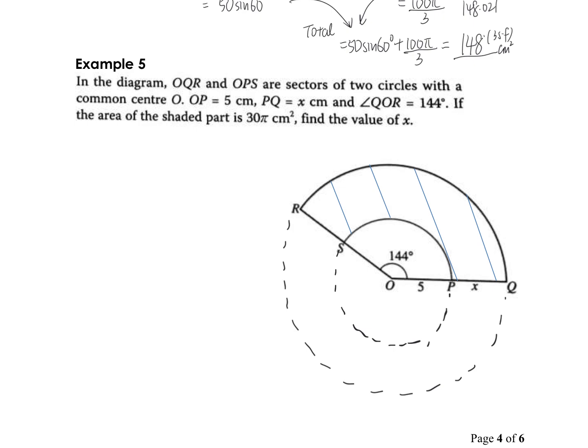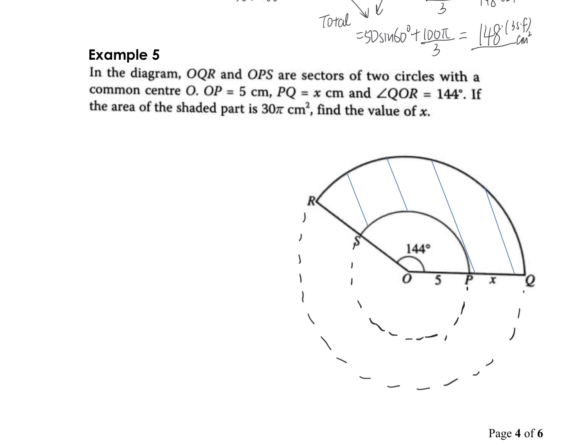Okay, so I have a common center. OP is 5, means the radius of the small circle is 5. And then PQ is X. And QOR is 144. So they say the area of the shaded part, which is this portion here, is 30 pi.